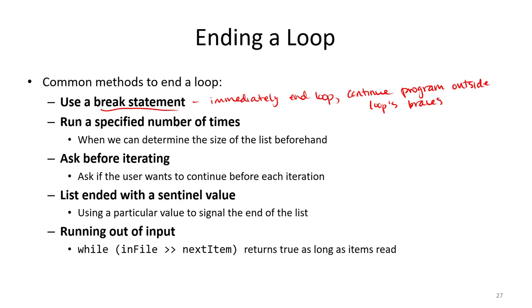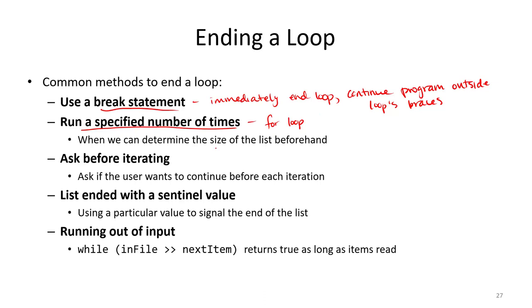Other ways to end a loop, well, you could run a specified number of times. For example, with a for loop. If we know how many times we need to run, we just tell our counting variable to stop our loop once we've reached the maximum number of times.